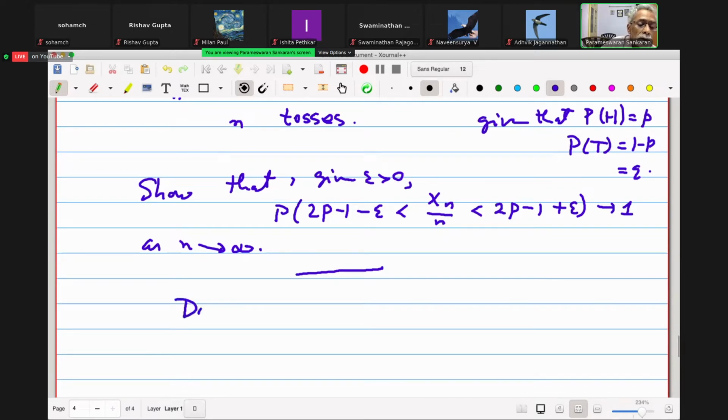Discrete and continuous random variables.